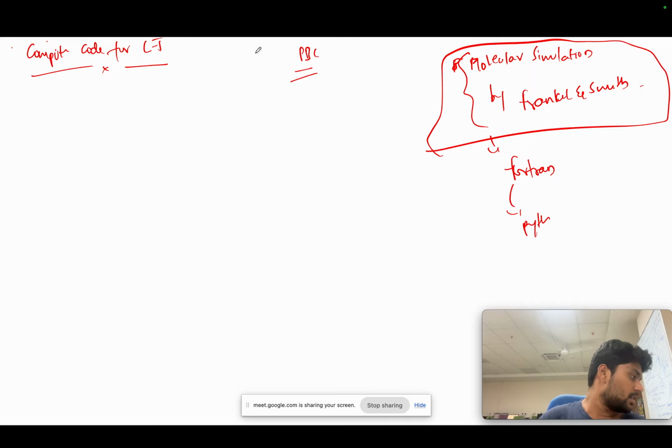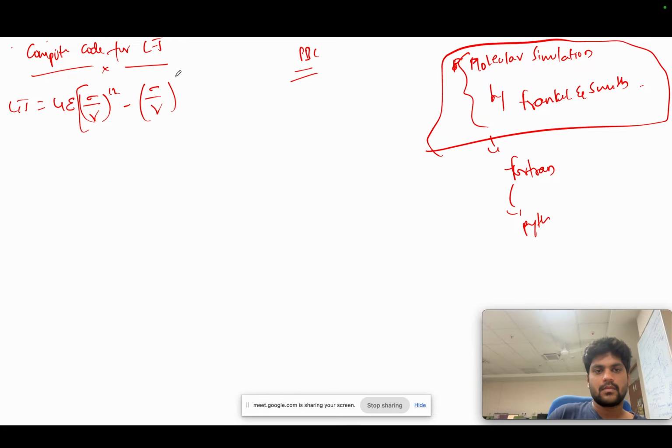Now you know the LJ potential formula, with sigma by r. How to write this? I think you will understand this from the class also. I am just rewriting it.